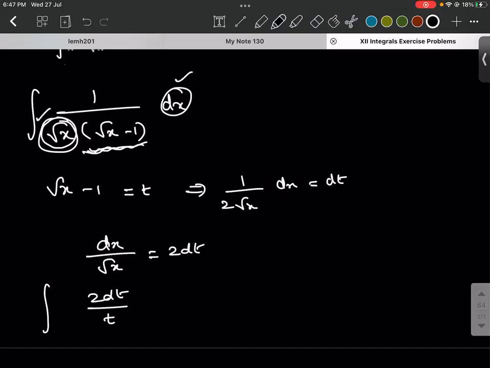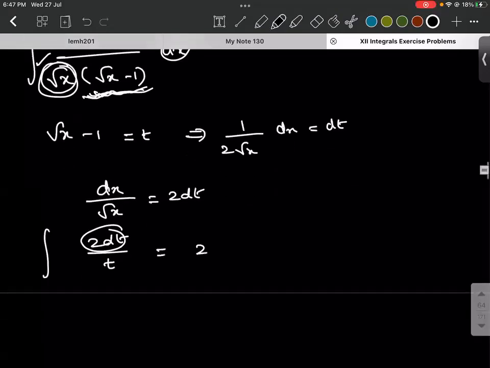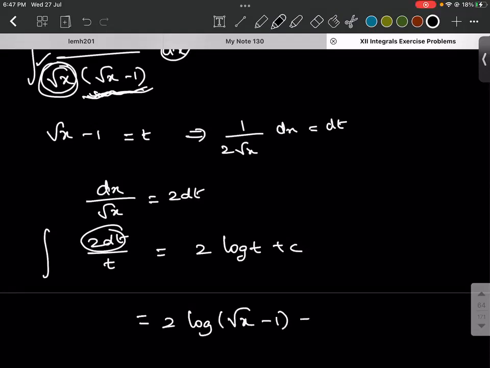So dx divided by root x, I wrote it as 2 dt. Divided by root x minus 1, I wrote it as t. Then what will be the answer? 2 log t plus c. So 2 into log of root x minus 1 plus c. That is the answer.